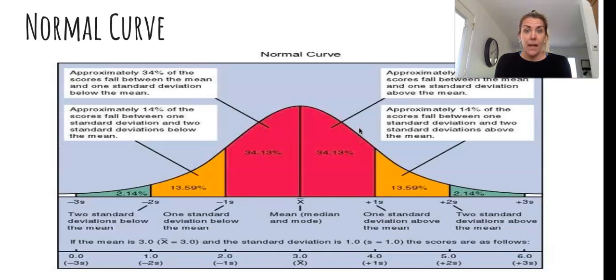And then definitely have this picture in front of you when you're taking the FRQ, because I have to assume they're going to have some sort of normal curve graph on there. And you just have to remember that middle score, the median or the mean, right? You're going to have that and the standard deviations after that.